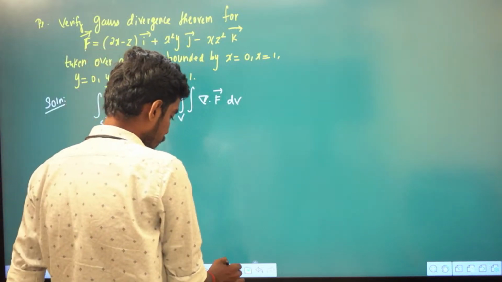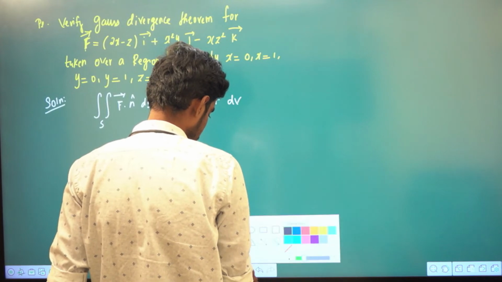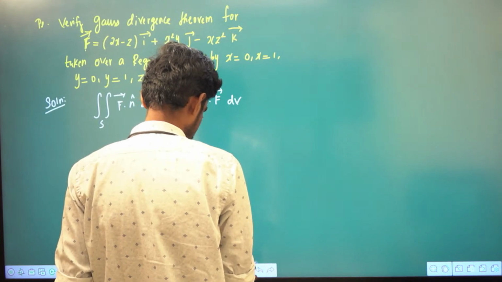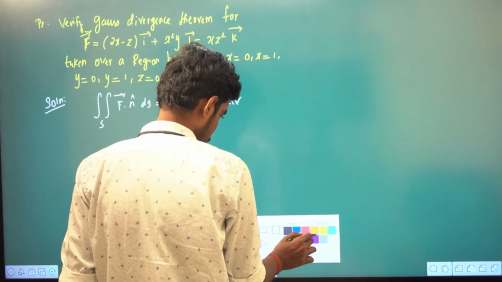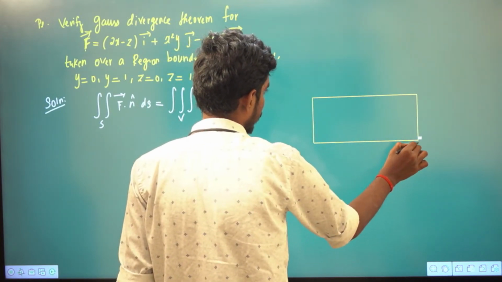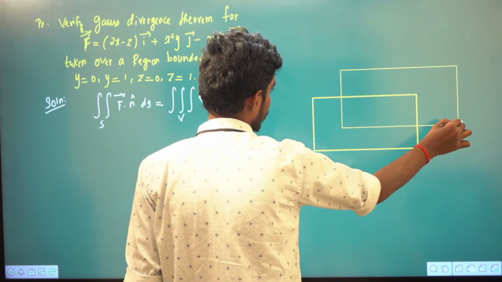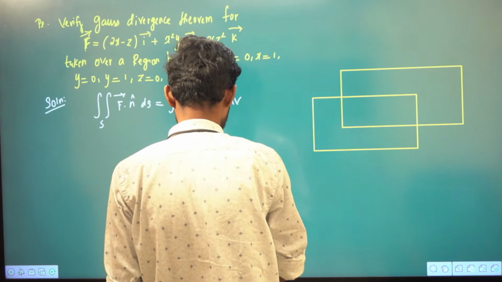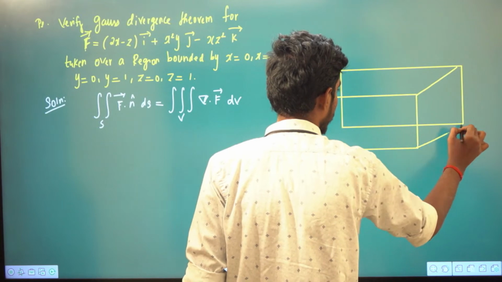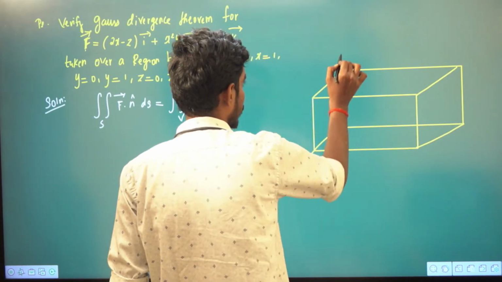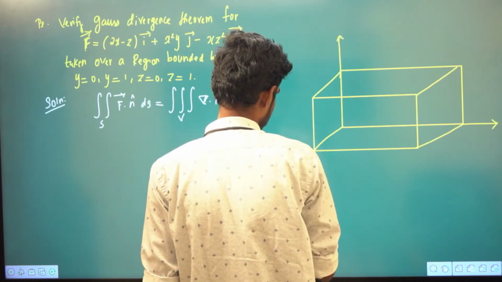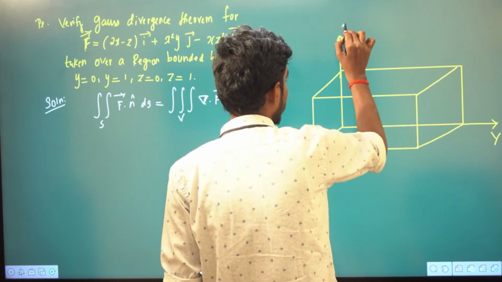Now we will draw the diagram. Diagram is easy. This is our x axis, y axis, and z axis.